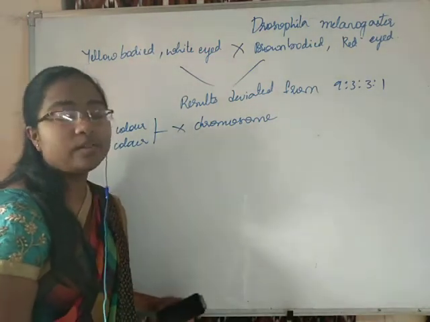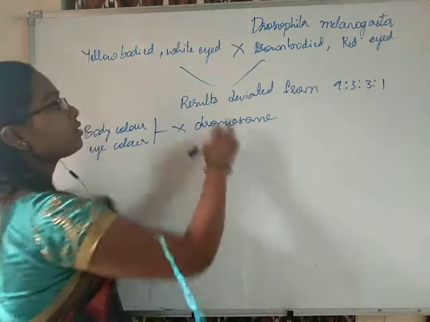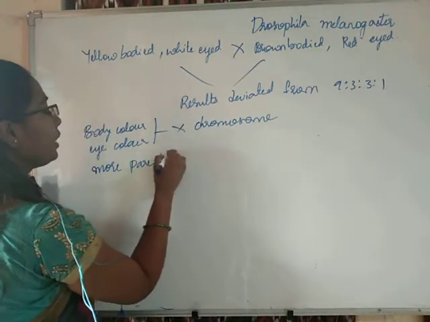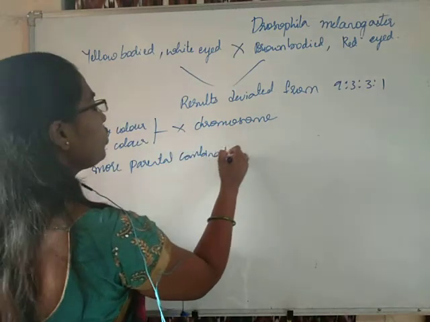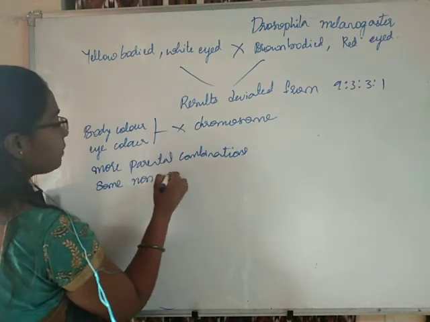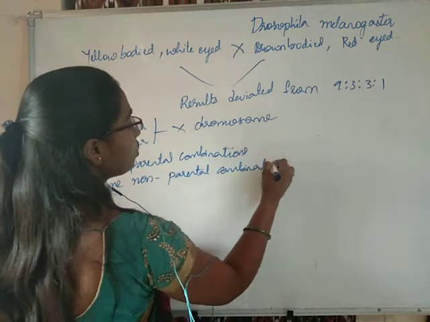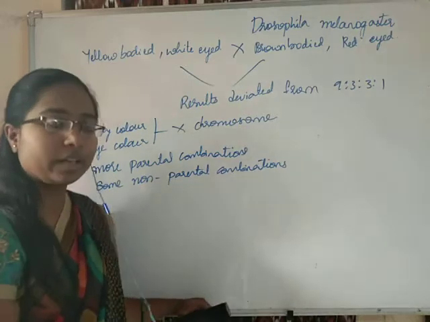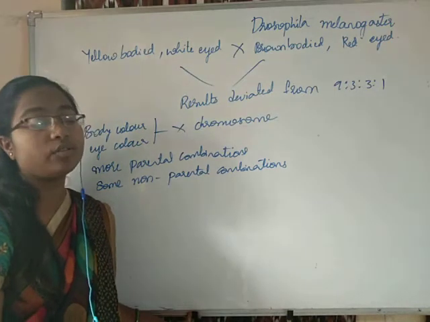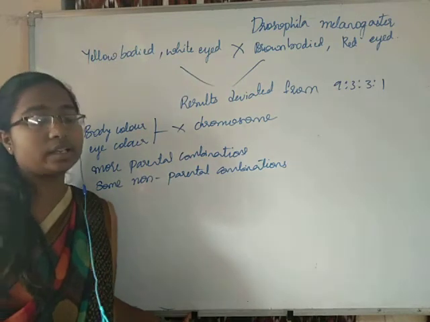He also observed that there were more parental combinations in this cross, and some non-parental combinations also. The observation of parental and non-parental combinations shows us two things.